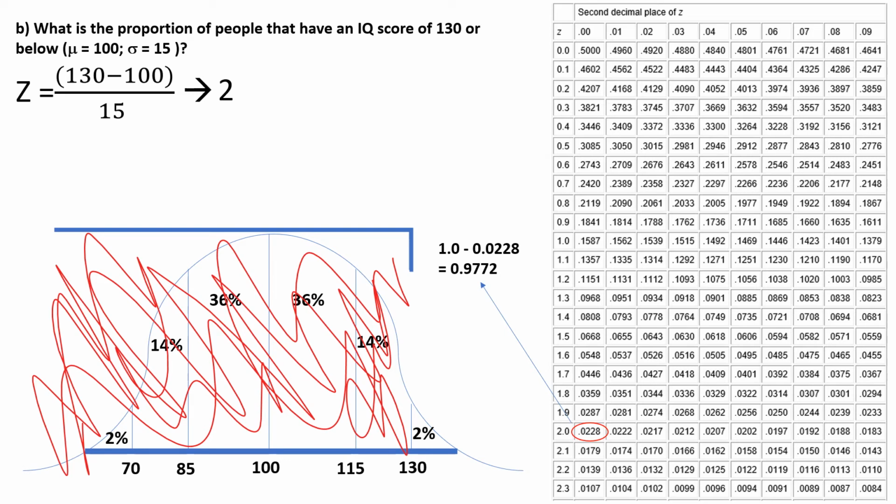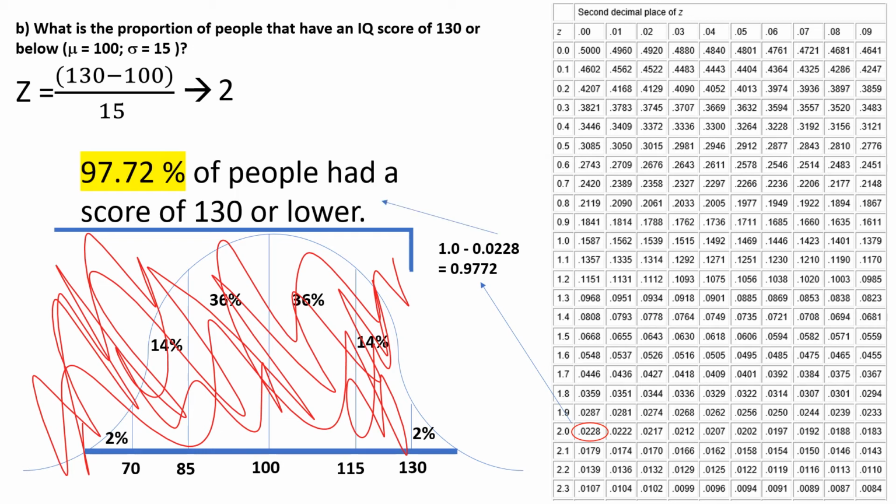So 1 minus 0.0228 equals 0.9772, meaning that 97.72% of people had a score of 130 or lower. I really encourage you when you're taking an exam, or for any of these questions, if you're struggling, try to draw a distribution even if it's not asking you to, because it really does help conceptualize this stuff and ingrain it.